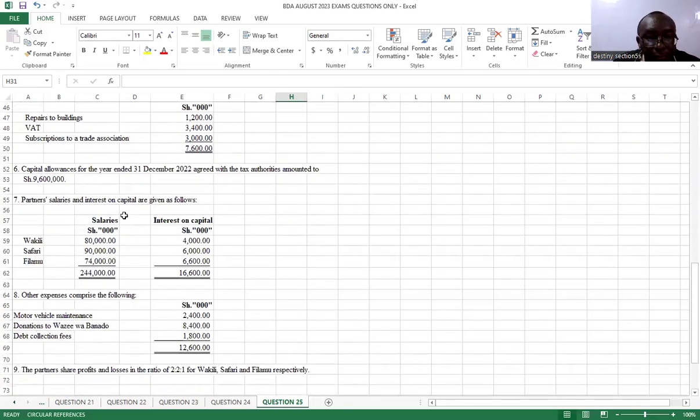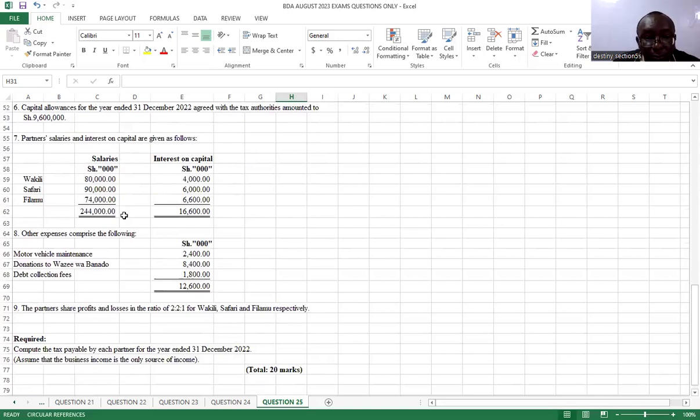Partners' salary and interest on capital are given as follows. Number 8, other expenses comprise the following: motor vehicle maintenance, donation to wazee wa Banado, and debt collection fees.